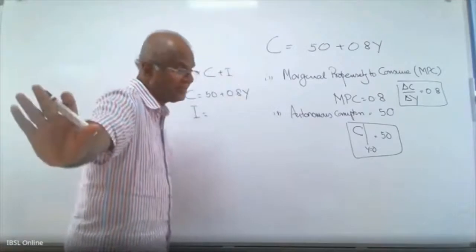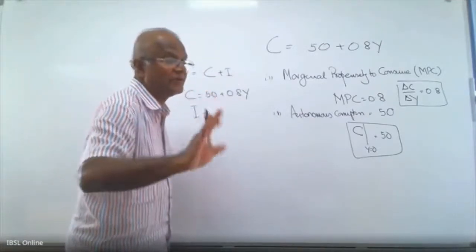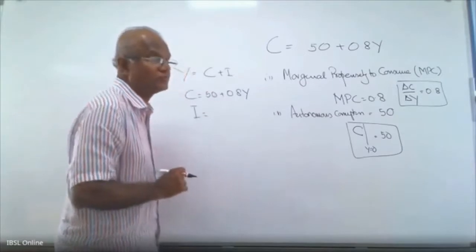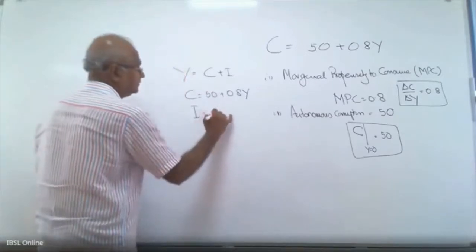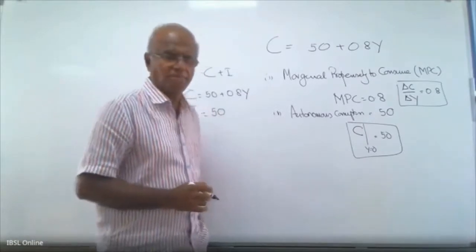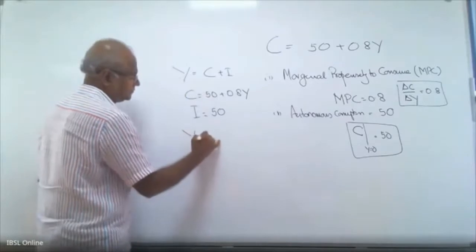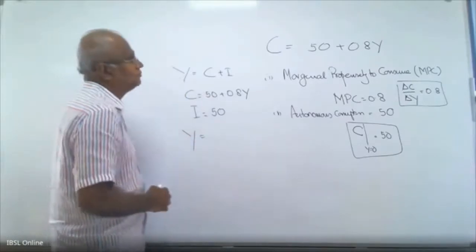But in the ISLM model, when you consider the goods market, definitely you have to use the investment function. Now, to calculate income, what do you do?